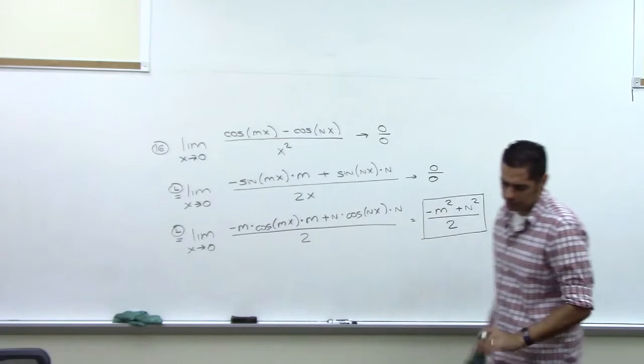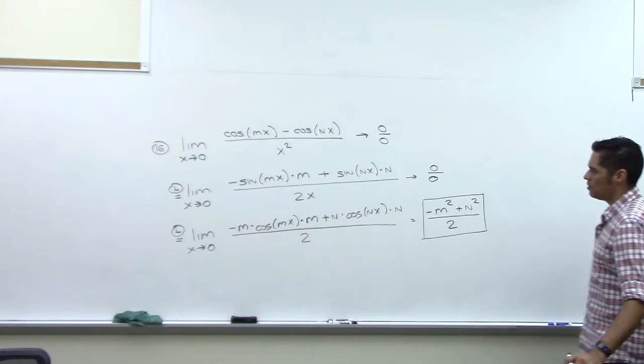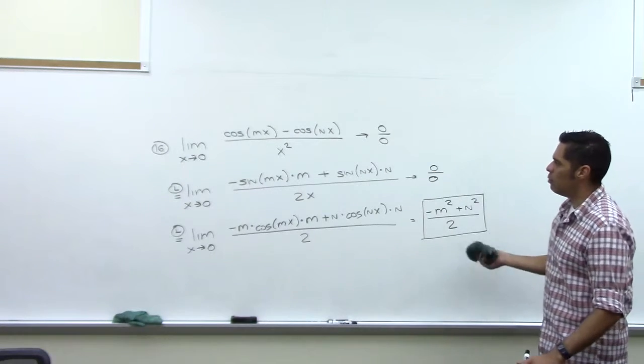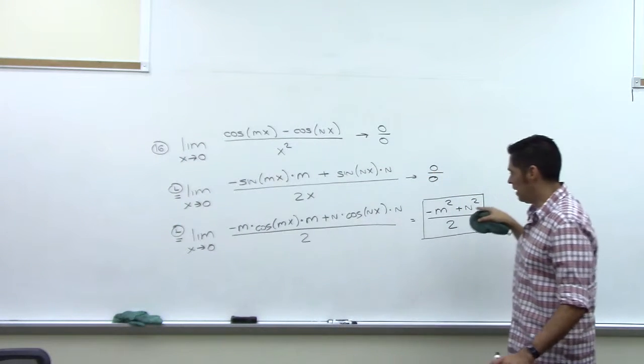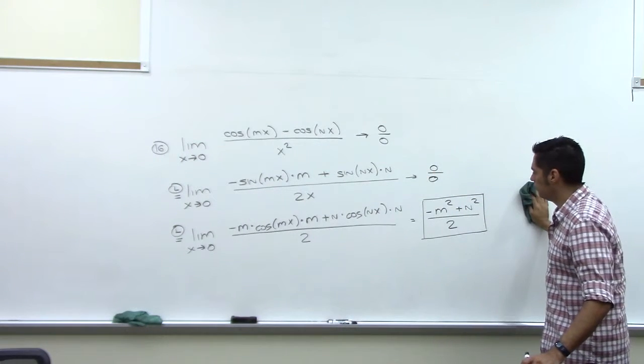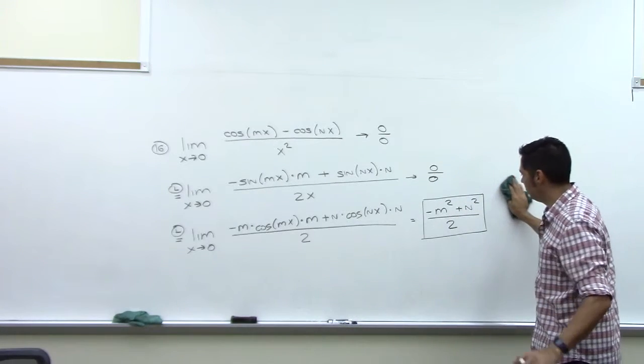There you go. It's a general answer, because we don't know what m and n are. Our answer is going to be in terms of m and n. So if someone gave me an m and an n in there, then I would have an answer.